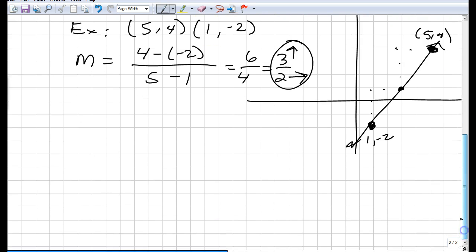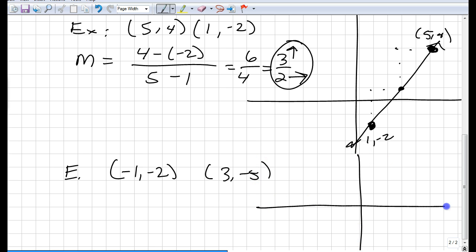Then next example, I have negative 1, negative 2, and 3, negative 5. So negative 1, negative 2 would be here, and 3, negative 5. Not enough room here, let me move this up.